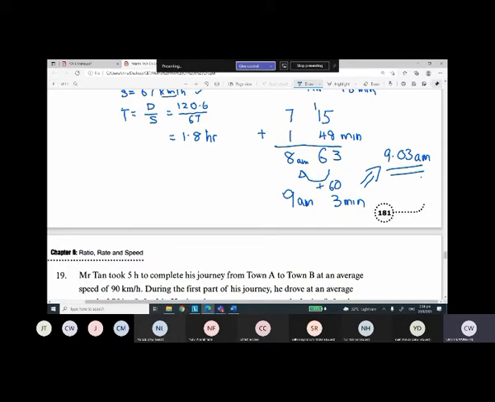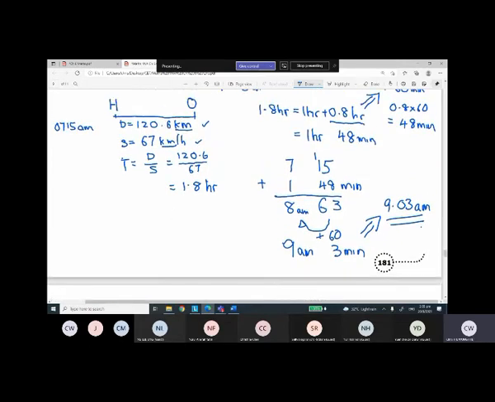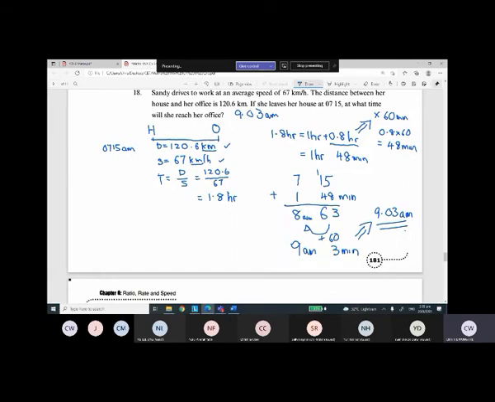It makes no sense. Your clock only shows 60 minutes, so you must bring the 60 minutes over to the hour. So 8 a.m. becomes 9 a.m., but you have a remainder of 3. So you have 9 a.m. and 3 minutes, which is 9:03 a.m., which is your answer. Same answer, okay.